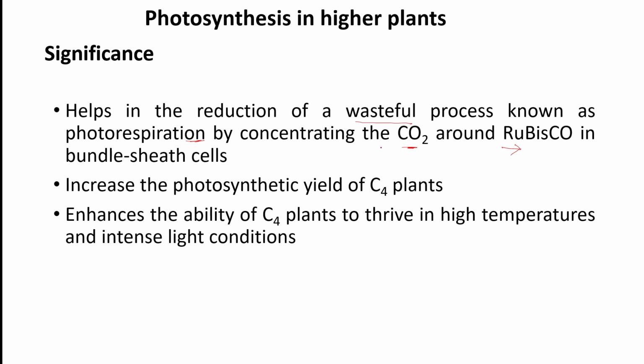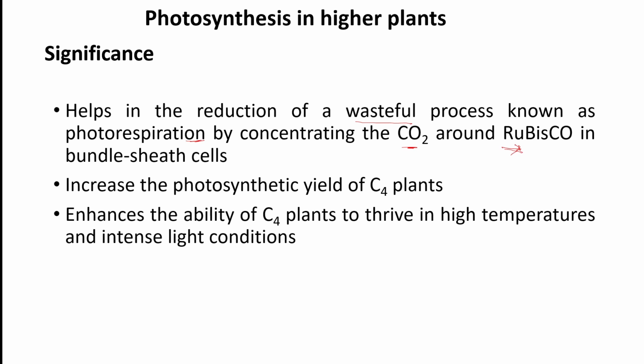You've already seen that in bundle sheath cells, Rubisco is present and carbon dioxide is released during the decarboxylation of malate, and this carbon dioxide enters the C3 cycle where Rubisco enzyme is involved. So C4 plants are able to concentrate the carbon dioxide around the Rubisco enzyme.